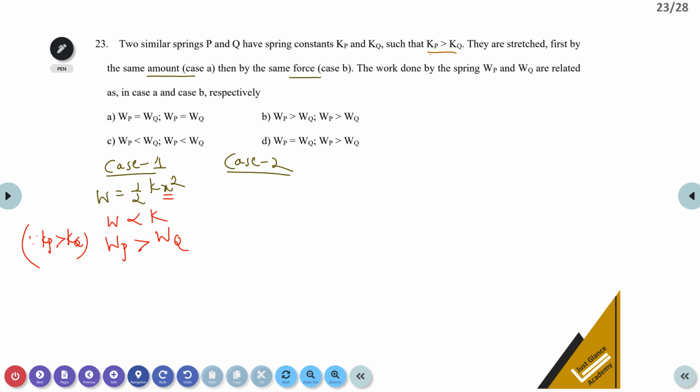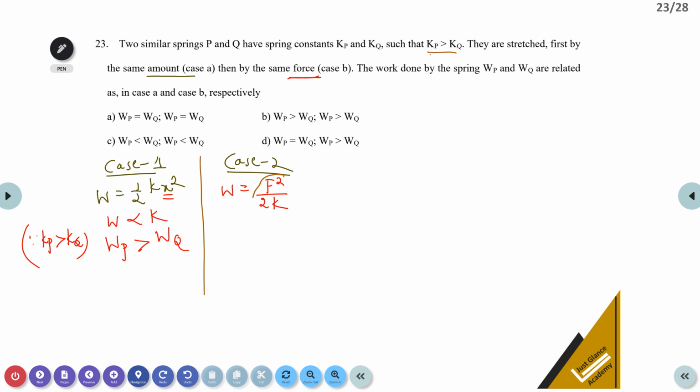In the second case, by the same force. In the previous problem I told you that for the same force, W equals F square divided by 2K.